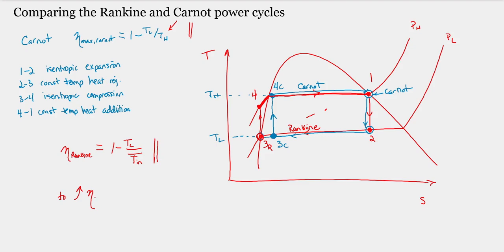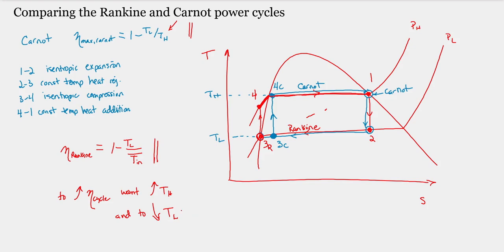So to increase the cycle efficiency, we want to increase T high and to decrease T low, or T out and T in. T high is T in, T low is T out.